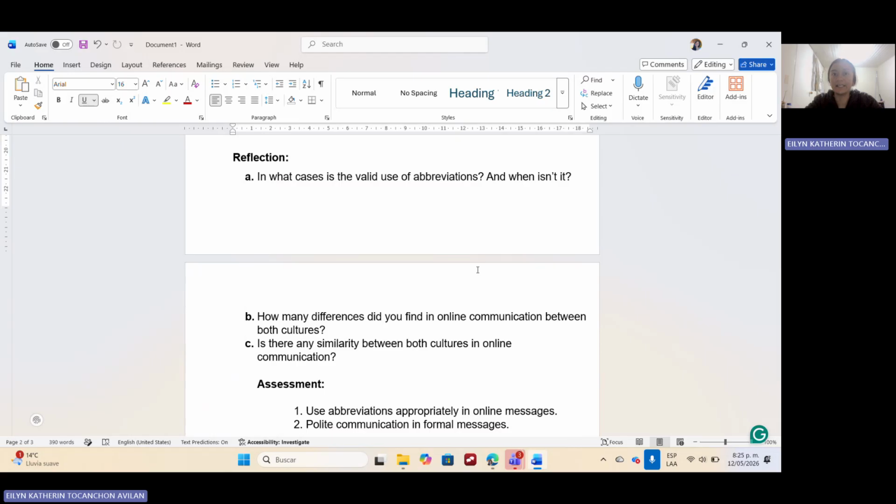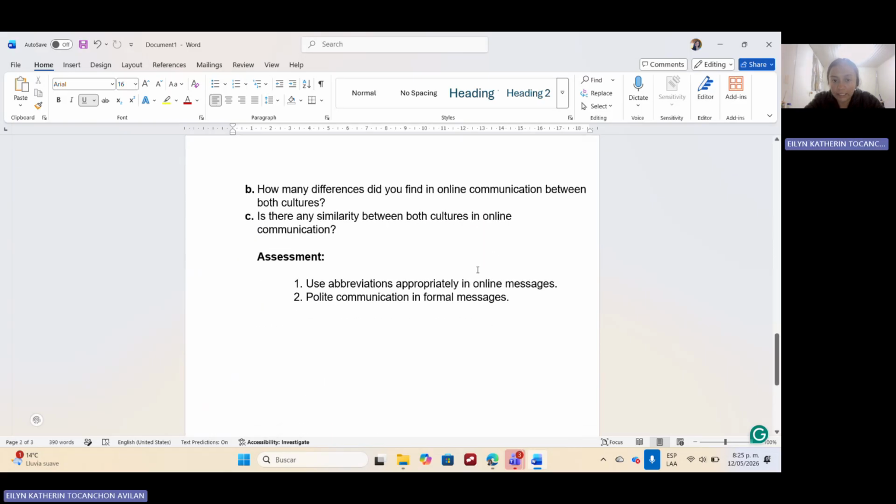It's important that you understand the impact of culture on communication, how culture guides the way we express our ideas, and use real expressions in text messages. The assessment is to use abbreviations appropriately in online messages and polite communication in formal messages.